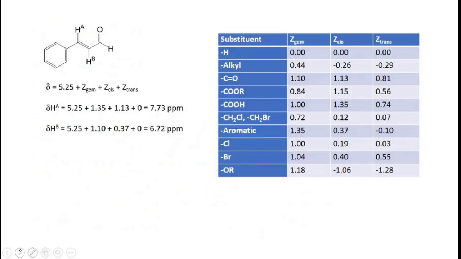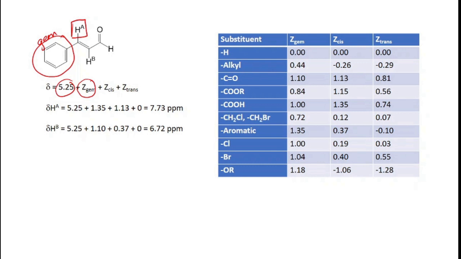But just quickly here, if we're looking at an example, we have this compound here. This is called cinnamaldehyde, but we have the HA and HB. And so we would start with the base, the 5.25, add the impact that the geminal group has. And so geminal is the one that's on the same carbon. So if we're looking at HA, this is the geminal group.